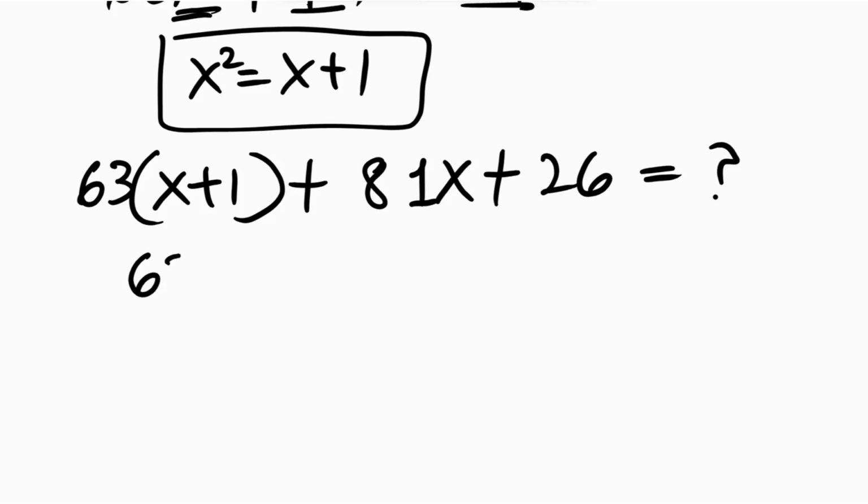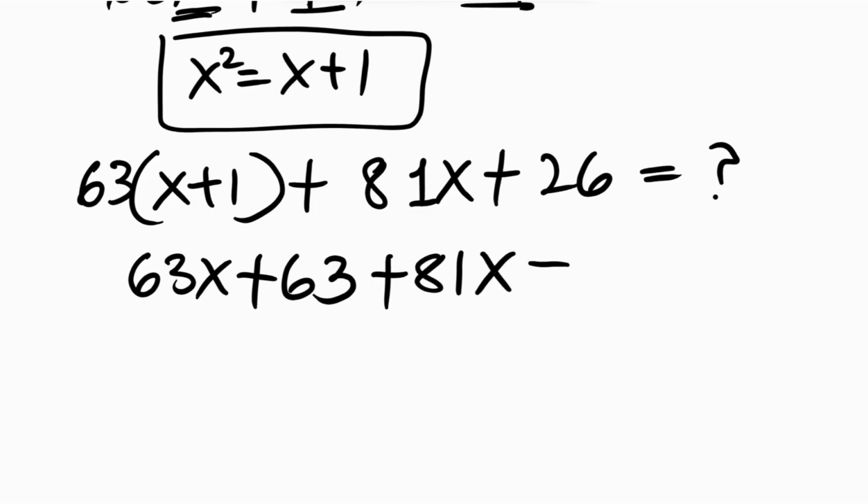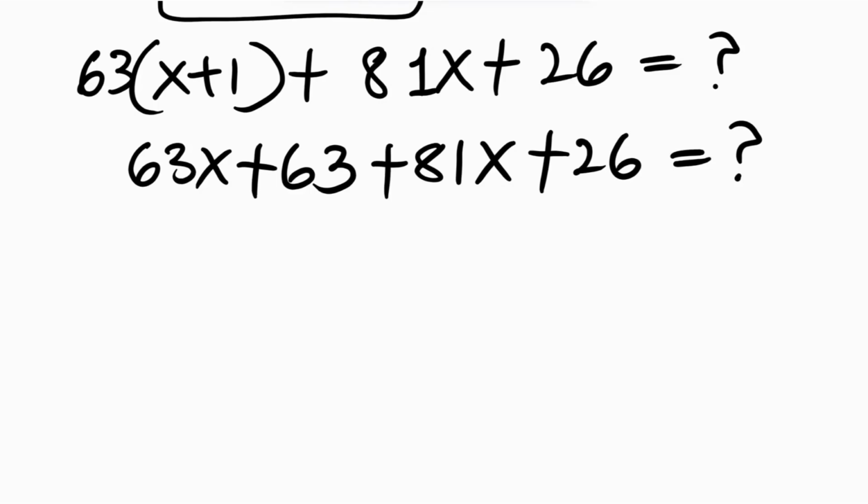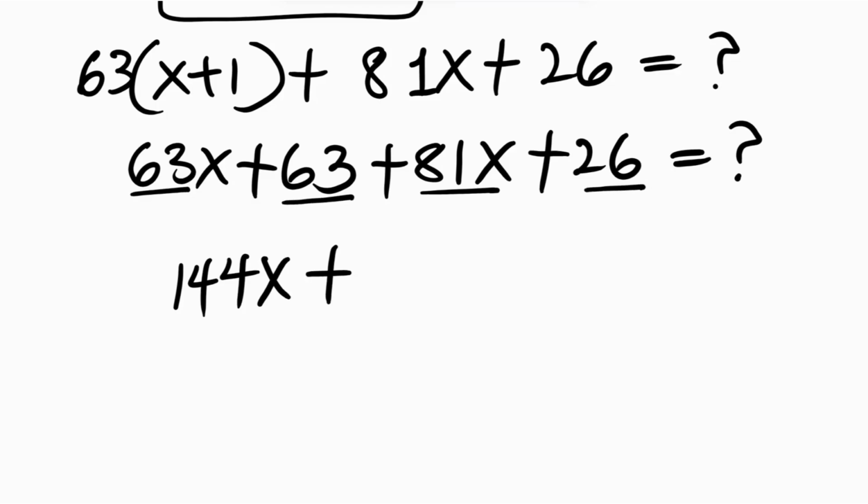So now we have 63x plus 63 plus 81x plus 26. So 63x plus 81x will give us 144x, plus 63 plus 26 will give us 89.